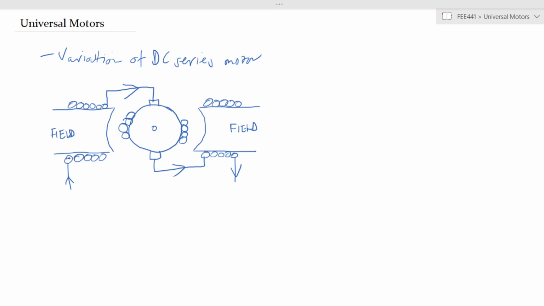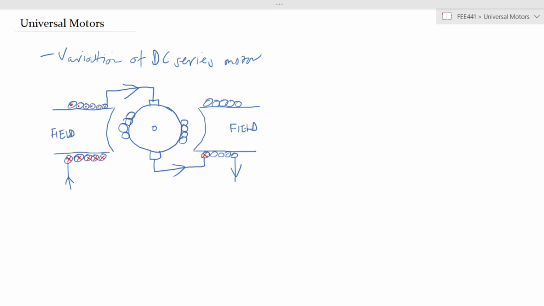So for the sake of illustration, let us say that the current flow is in the direction given, whereby at the bottom part of this winding, the current is flowing into the winding, and at the top part, it is appearing to flow out of the screen.